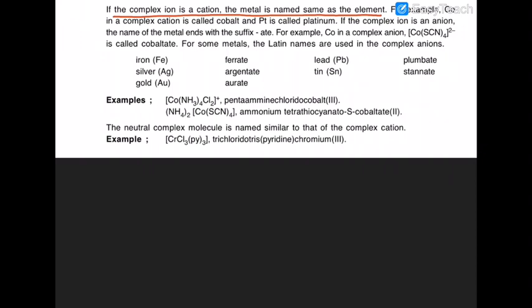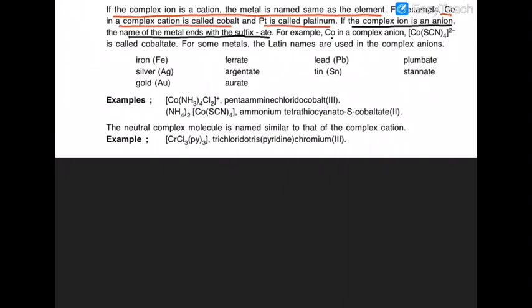For example, cobalt is named as cobalt, platinum is named as platinum. But if the complex is an anion, everyone should listen very carefully. If the complex is an anion, the name of the metal ends with the suffix -ate.